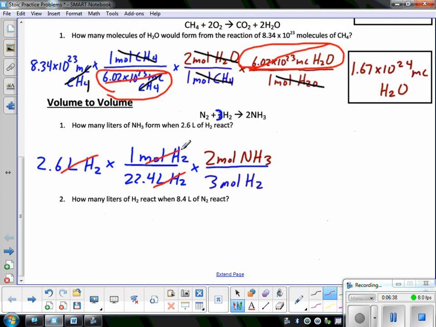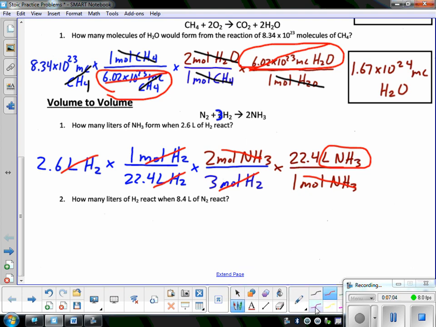So now moles of hydrogen are on the top, so moles of hydrogen have to be on the bottom to cancel out. And the last one, we're in moles of NH3. We want to be in liters of NH3, so moles of NH3 has to be on the bottom, and now we will be in the units of liters, and for the substance, NH3.